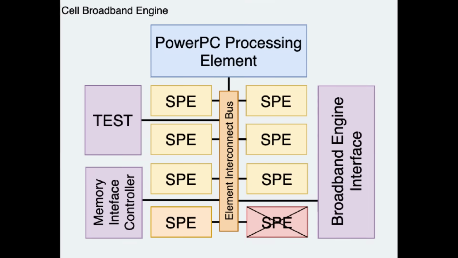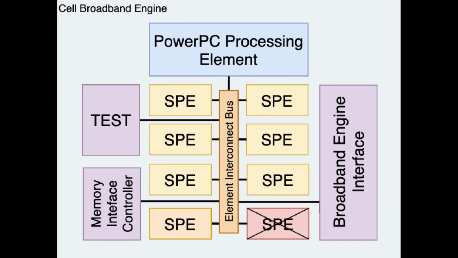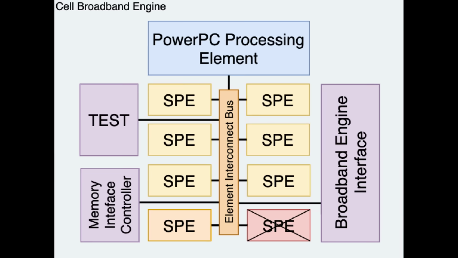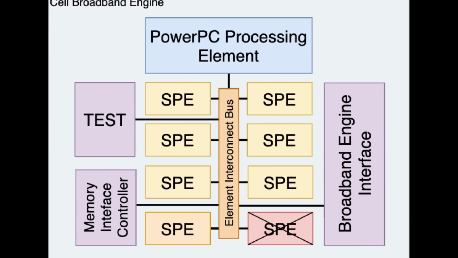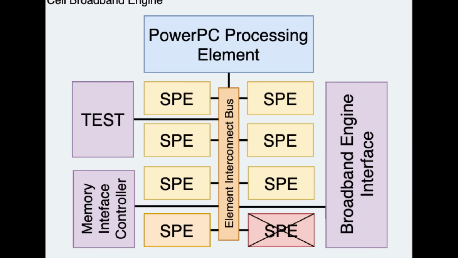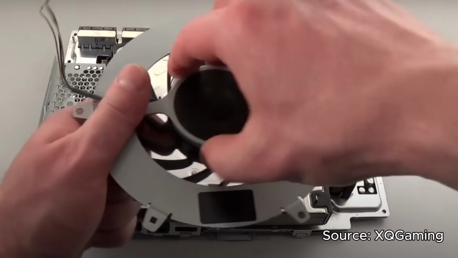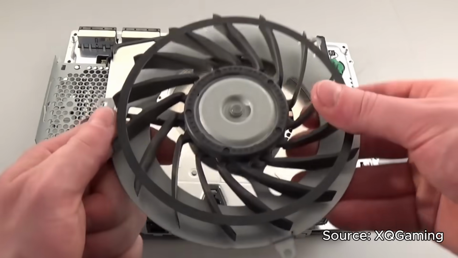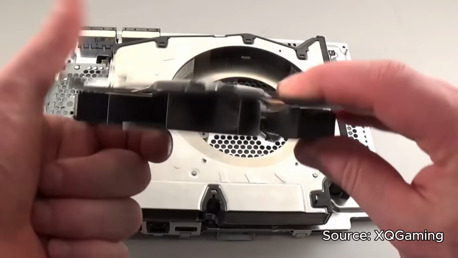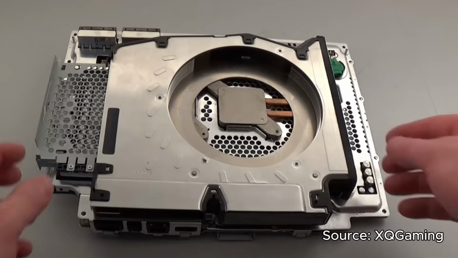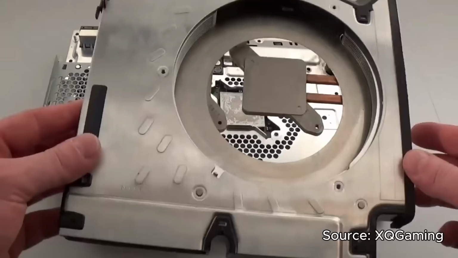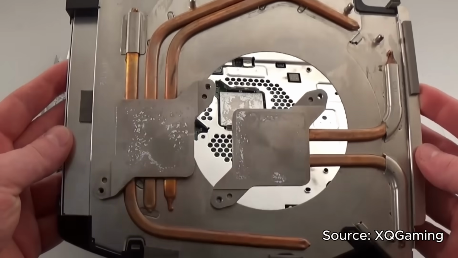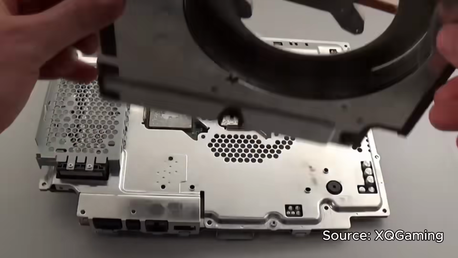It consisted of one main core called the Power Processing Element, or PPE, and 7 smaller co-processors known as Synergistic Processing Elements, or SPEs. The PPE was a general-purpose core, sort of the manager, if you will, but not particularly powerful by itself. The real muscle came from the SPEs, which were designed for heavy number crunching tasks like physics simulations, AI, and graphics processing.